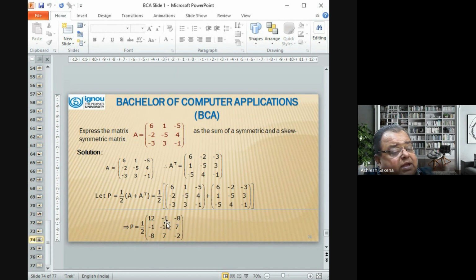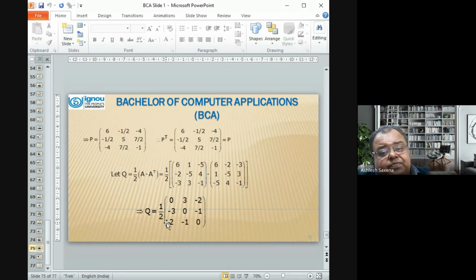This is (A plus A transpose) by 2. Now, for Q, I will be making 1 by 2 (A minus A transpose). Q is 1 by 2 into (A minus A transpose).